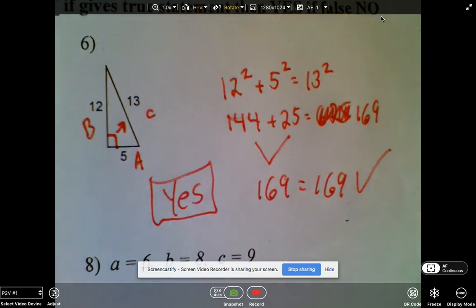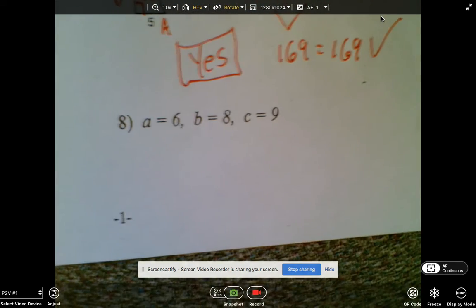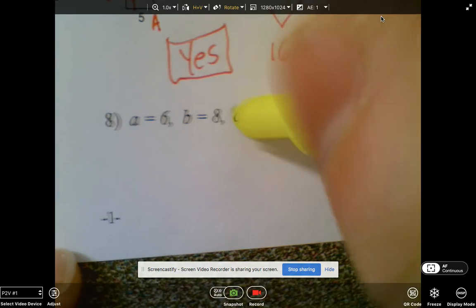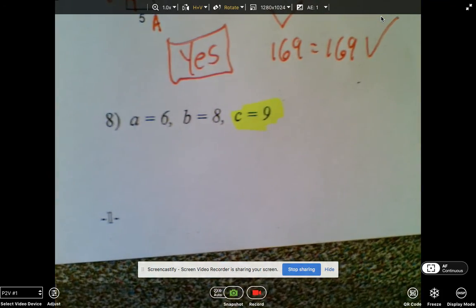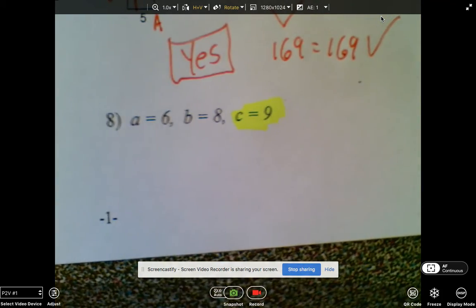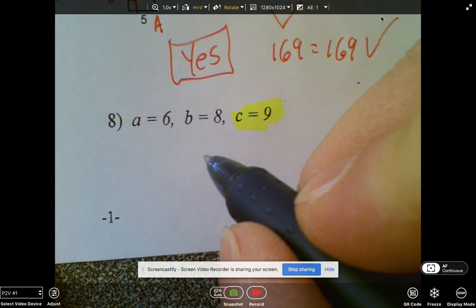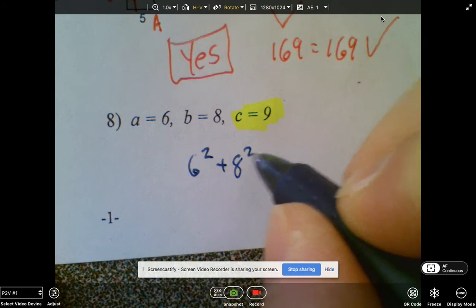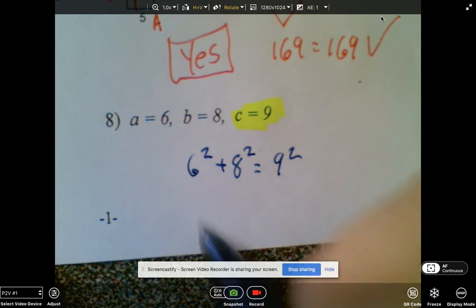All right, let's look at number 8 together. So this one actually tells you A, B, and C. And obviously you know this is correct, that this is your hypotenuse, because out of all the numbers, 9 is definitely the biggest. So now we're going to go ahead and give it a shot. So we're going to plug it in. 6 squared plus 8 squared equals 9 squared.